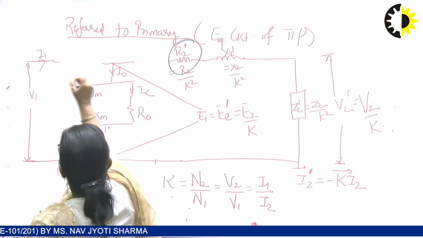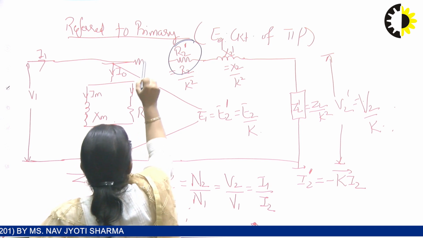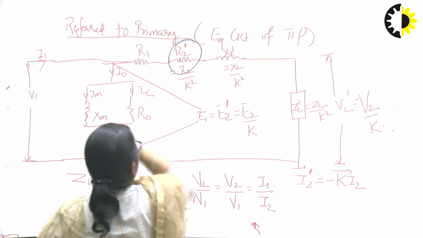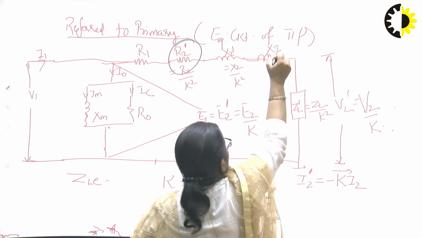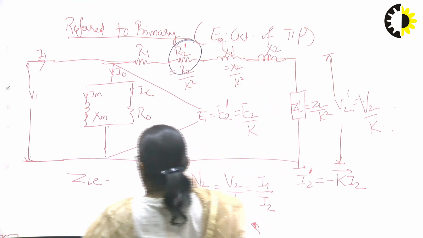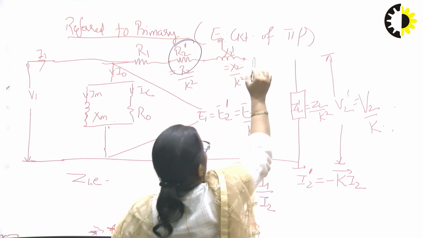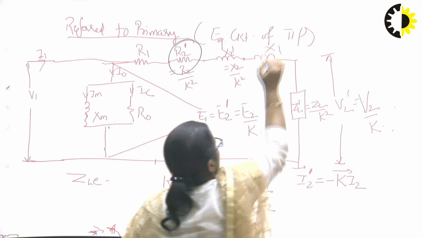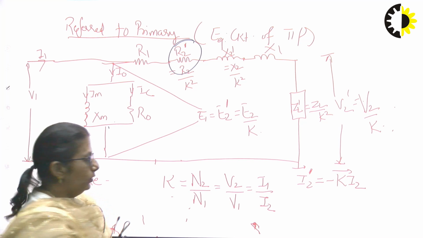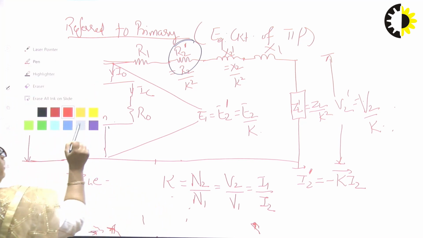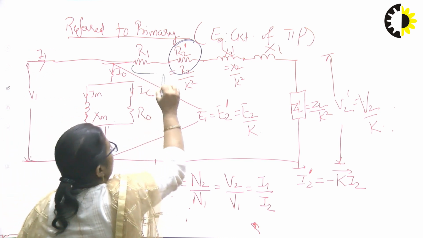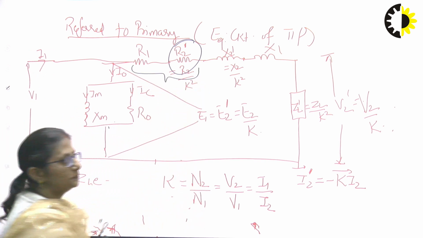In this case, what will happen now? I'll have R1 here and X1 here. Now if we just see, this becomes easier, right? Now we can combine R1 and R2 dash.